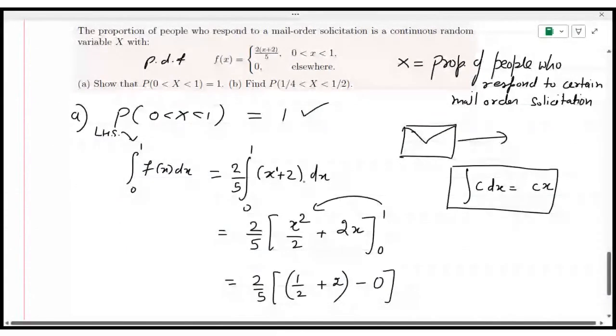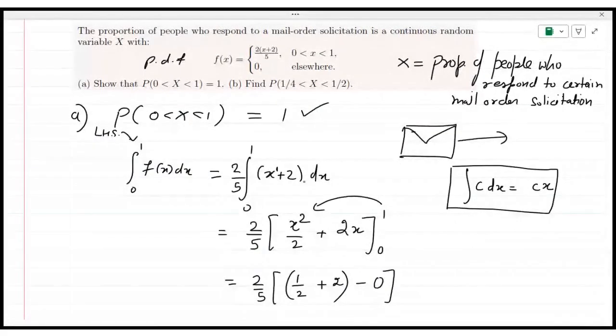Okay. Now B part. In the B part we have to find the probability that x will be between 1 by 4 and 1 by 2. Students, here it is mentioned in this way, but in the actual question, the second statement is mentioned differently.